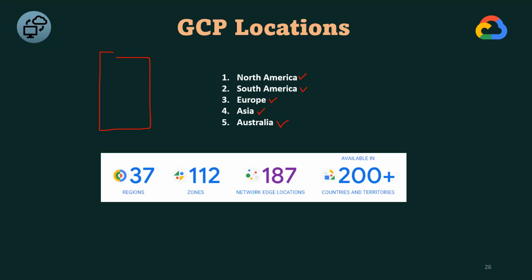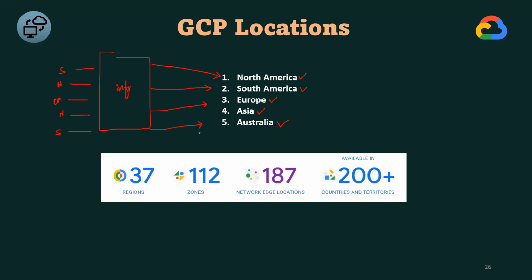Okay, great. Sorry, guys. So what I was saying is that Google has divided its infrastructure into these five locations. When I say infrastructure, you already know it could be a server, hardware, CPU, memory, networking, or storage. Whatever infrastructure Google has, that entire infrastructure is divided into these five locations.